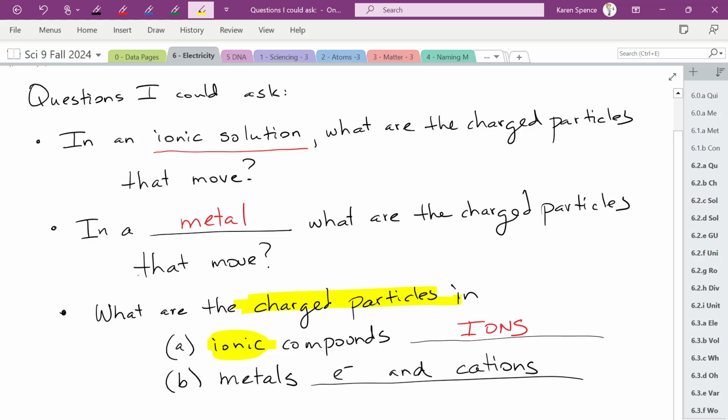In an ionic solution, what are the charged particles that can move? Again, it's not difficult. It's an ionic solution. Ions.